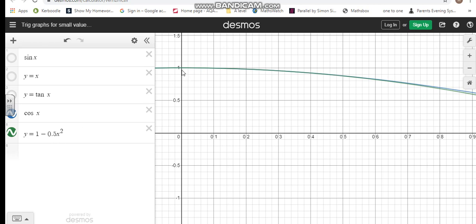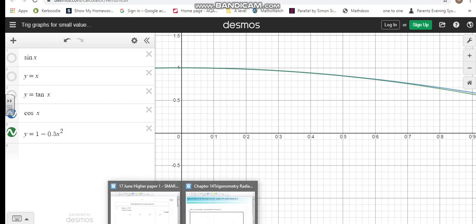And you can see we've got a really close fit here, pretty much all the way to 0.6. So it's a really good approximation for those small values. So we've got that sine x can be approximated by x, and tan x can be approximated by x, and cos x is approximated by 1 minus 0.5 x squared.